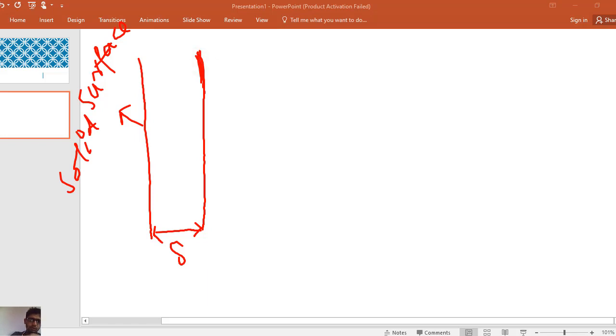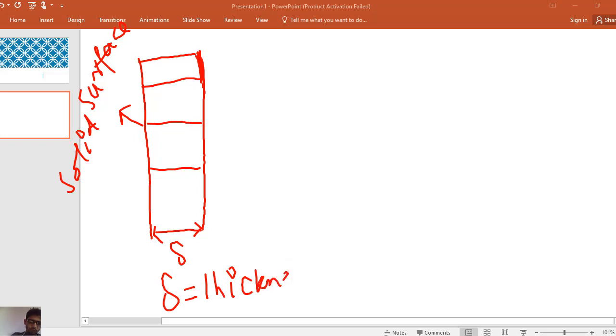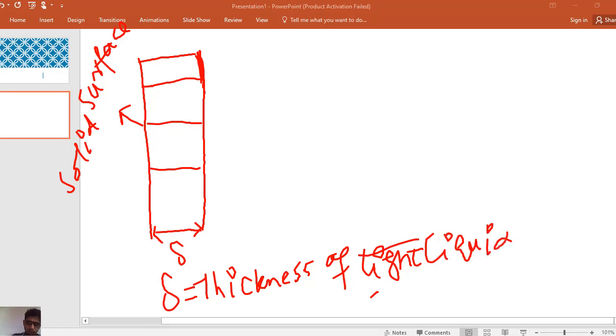This is the stationary liquid. Delta is the thickness of the liquid. And there is some fluid flowing.